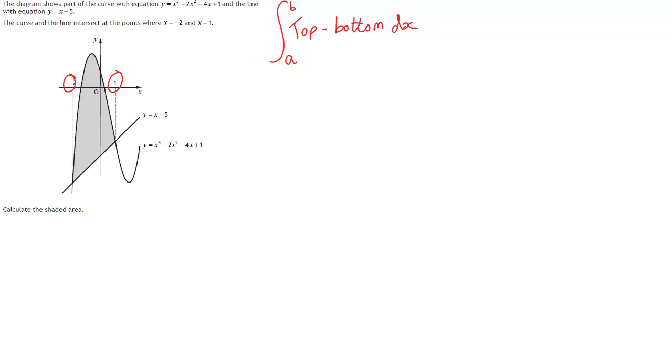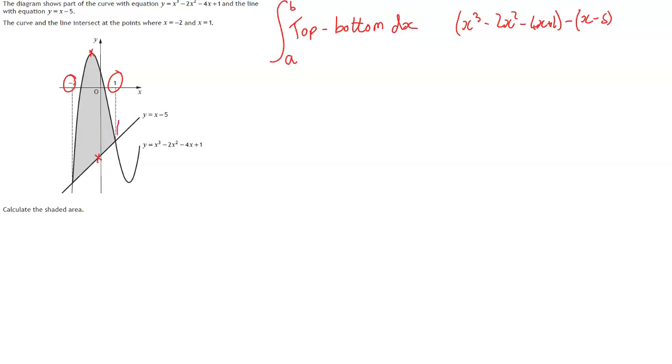So if I do in this case top curve minus the bottom curve, remember it's top curve of the area, so it's this one take away that one, what we'd end up getting is the x cubed minus 2x squared minus 4x plus 1 take away the x minus 5. Point to note here is in this part I've got the cubic being the top one.